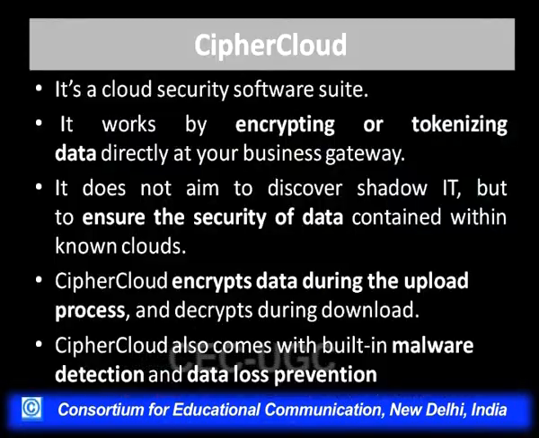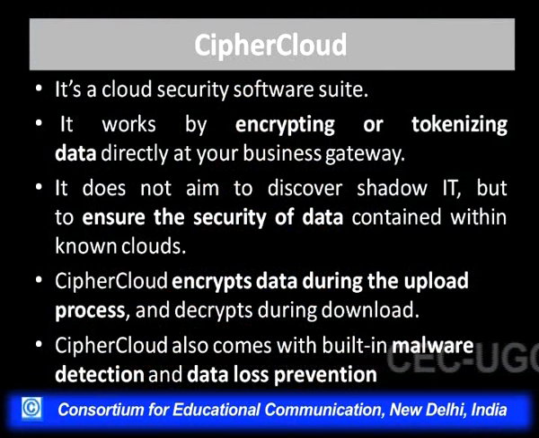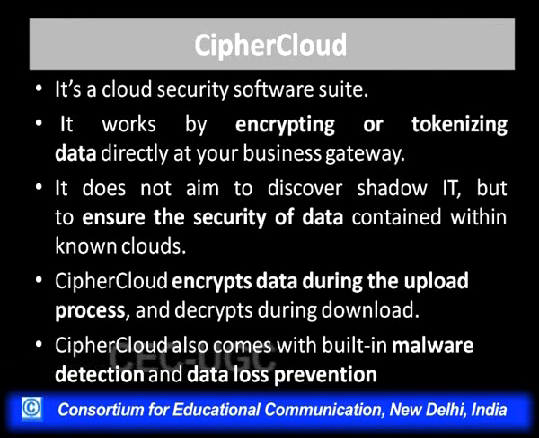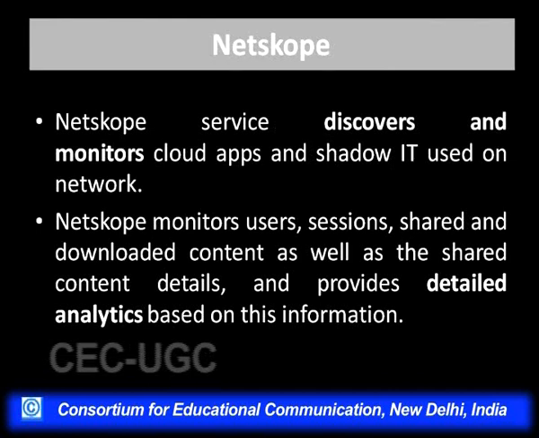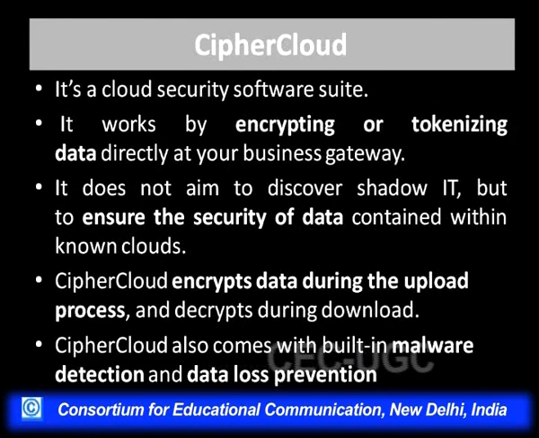Then another one is CipherCloud. CipherCloud is a cloud security software suite which works by encrypting or tokenizing data directly at your business gateway. So unlike Netskope, it does not aim to discover shadow IT, but what it ensures is that the security of data contained within the cloud is known, and that everyone is aware of what security mechanisms are adopted.